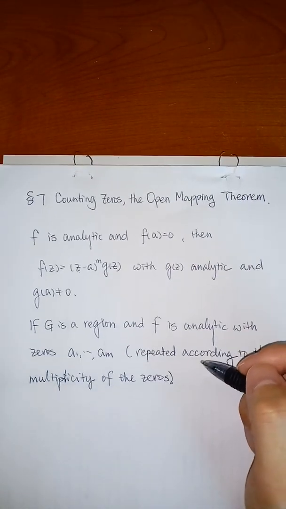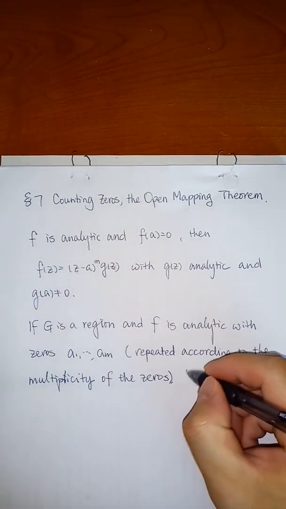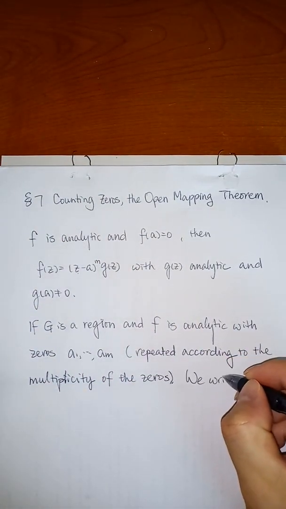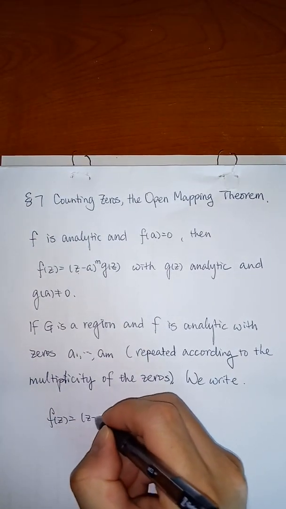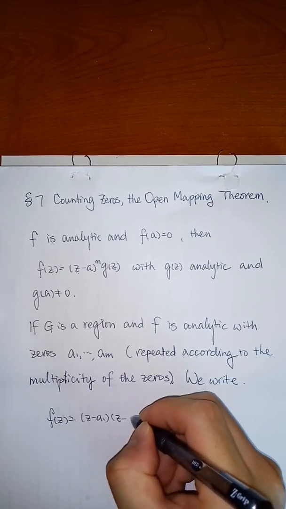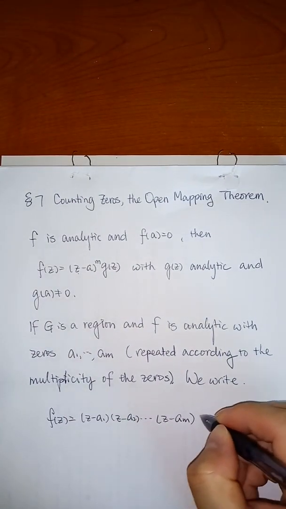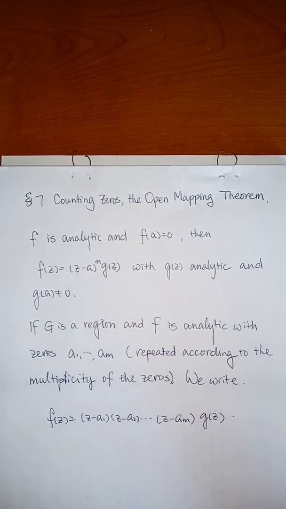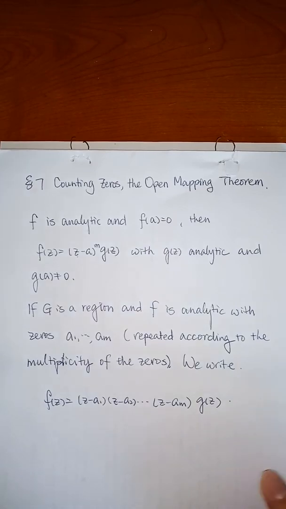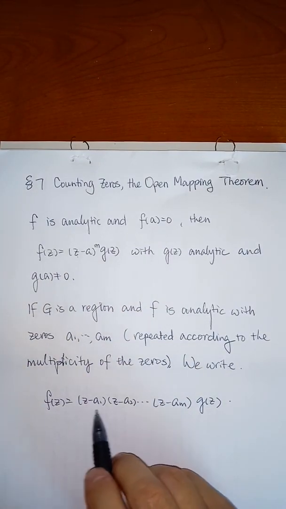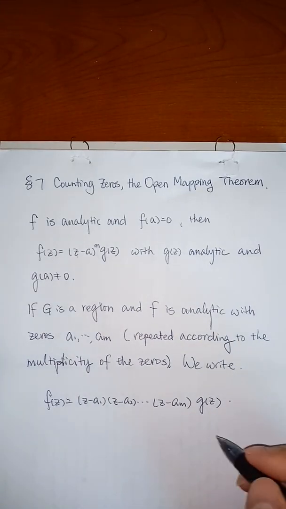Okay, and if this happens, we can write f of z as z minus a1, z minus a2, up to z minus am, times g of z. So it's a product, and the first few terms are just linear factors, and the last one is g, and g of z is analytic.